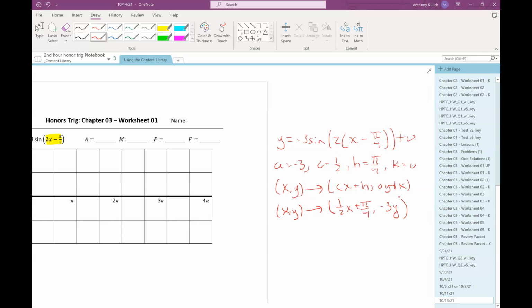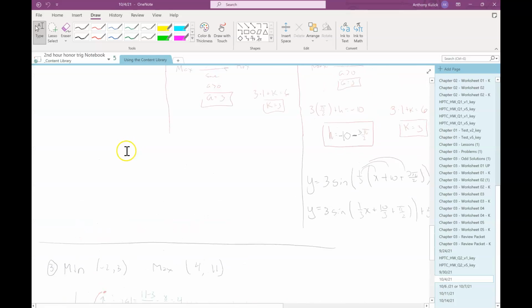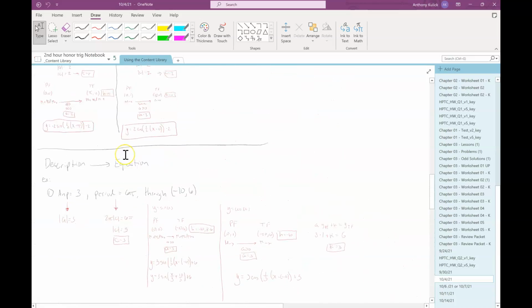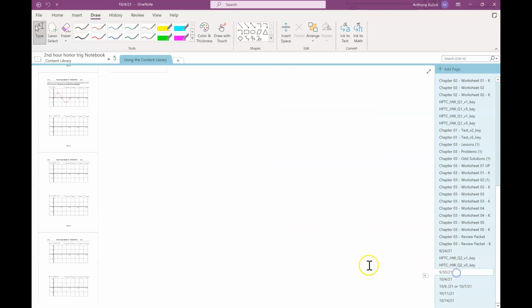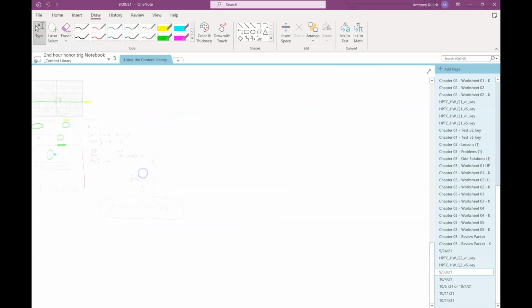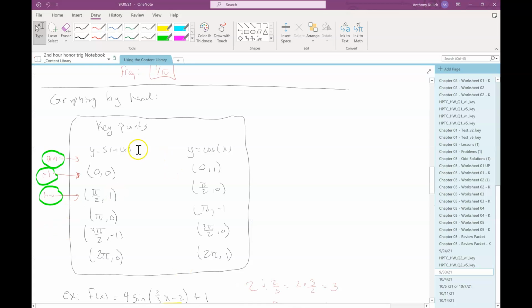So far, so good. Now I'm going to take my key points for sine. So in the 10-4 notes, we gave those to you. Well, maybe it was further back than that. I guess it was. There they are. So here's my key points for sine.